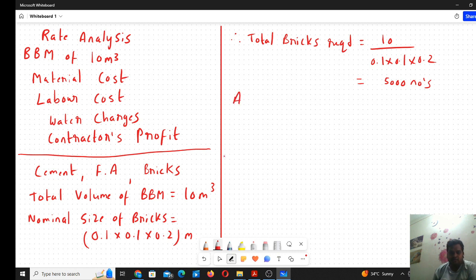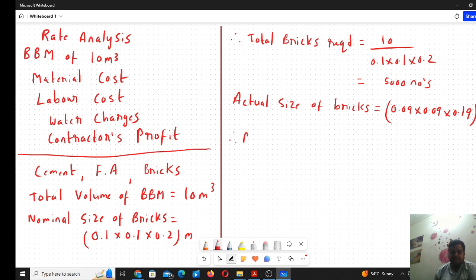But I need to focus on the actual size of the brick, the modular bricks that we get. This is of the size 0.09 by 0.09 by 0.19, all in meters. This is the actual size of the bricks available in the market. The remaining space is filled by mortar in burnt brick masonry.